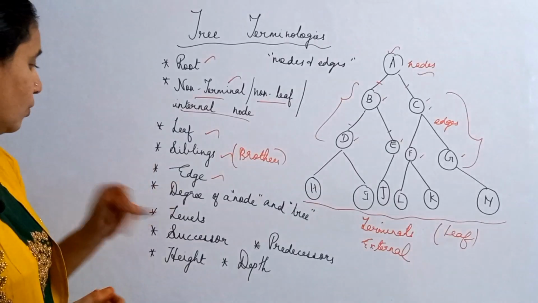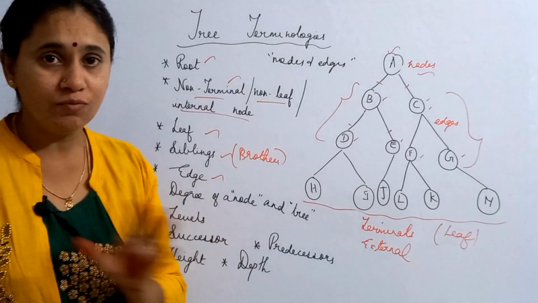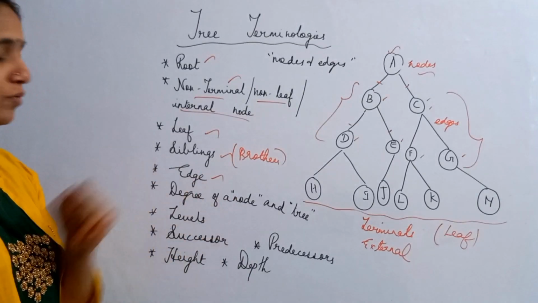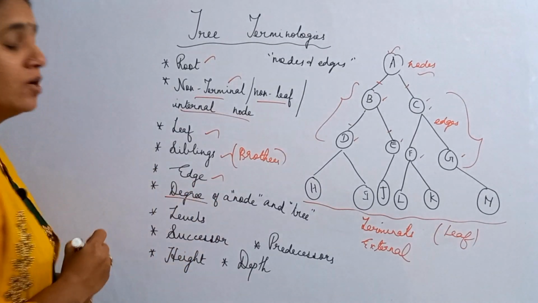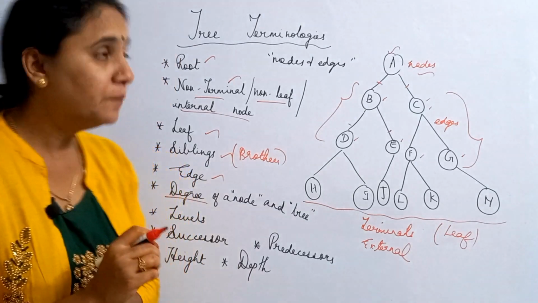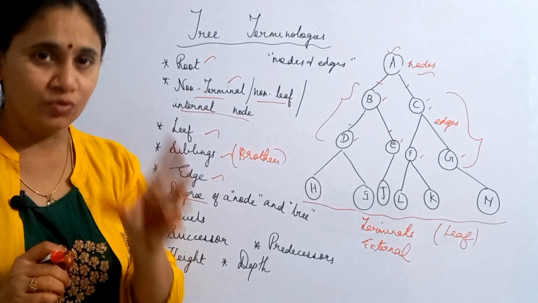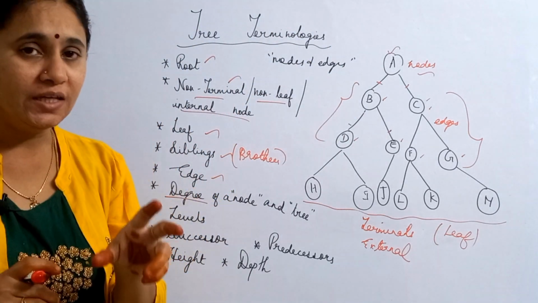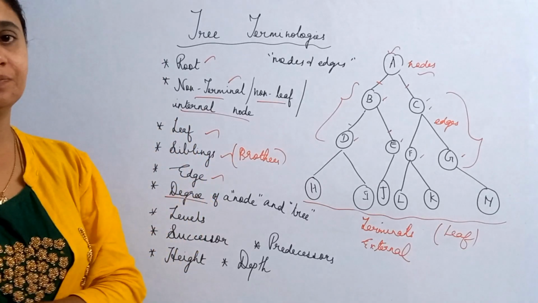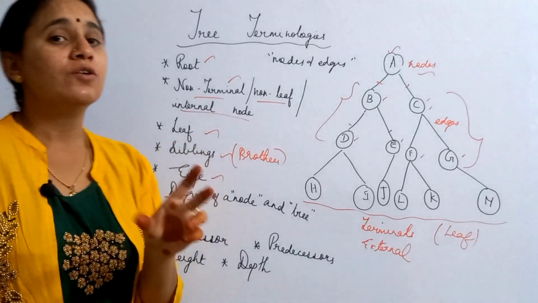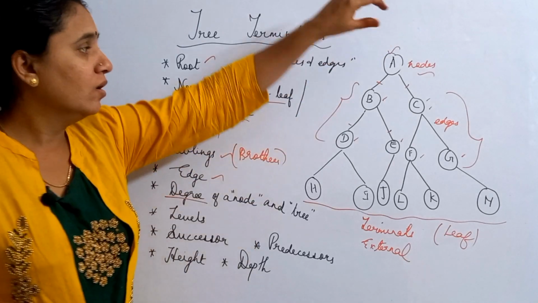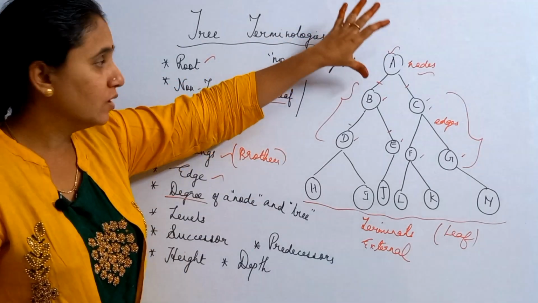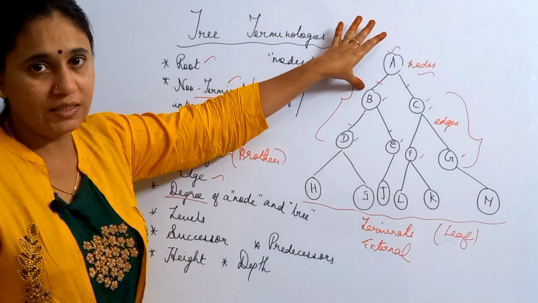Okay, so next you see degree of a node. So what is the degree of a node? Degree is nothing but the total number of nodes that are being attached with one node. Please make a note of it. So for example, you take the node B. What is the degree?